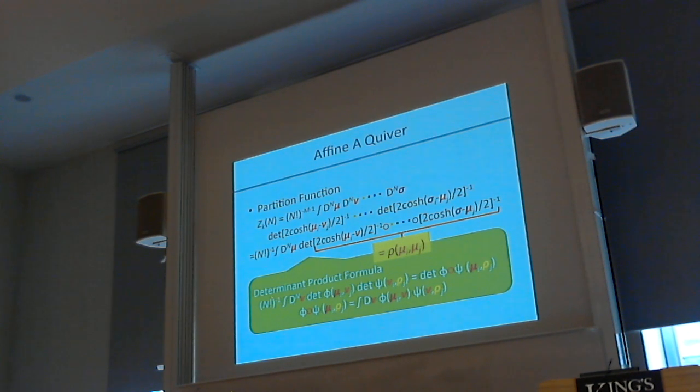But we can use this determinant product formula to combine these determinants one after another. We combine everything, and finally it becomes a single integration over a single determinant. Then this is the result.